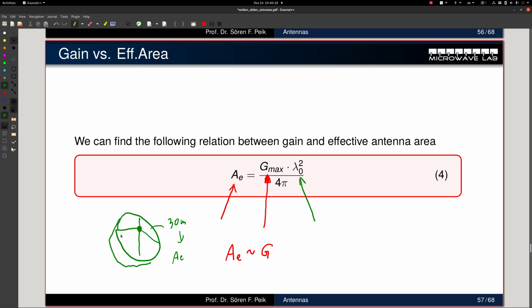When the effective area is big, also the gain is big. This antenna has a typical gain of a few millions. So keep this formula in mind because that's something we need often. Usually when you buy an antenna, the gain is given but not the effective aperture, for the simple reason that the effective aperture depends on the frequency.